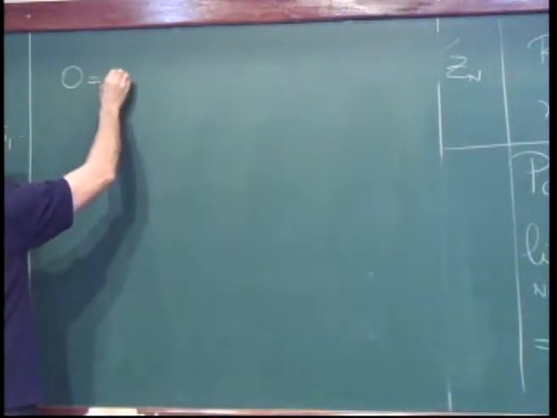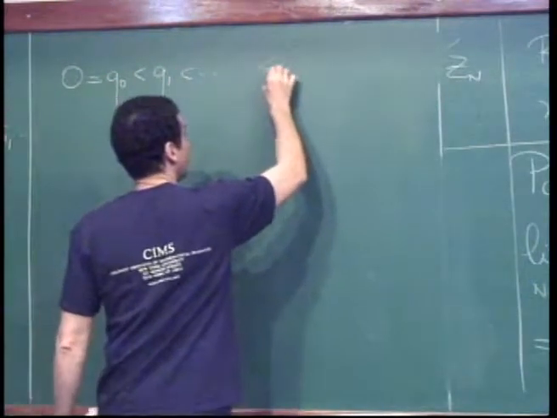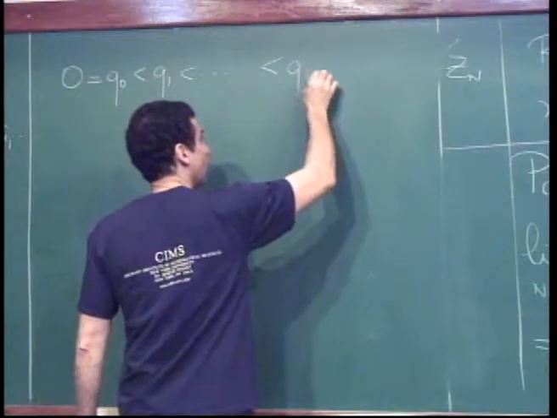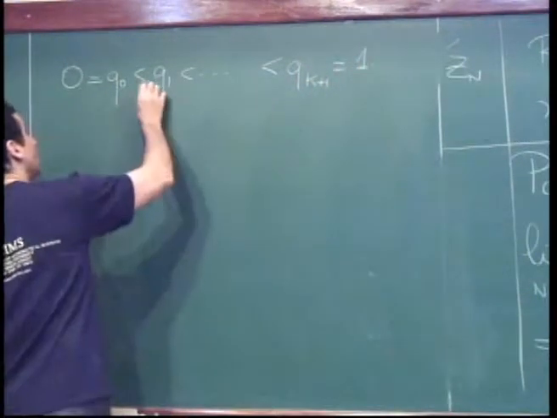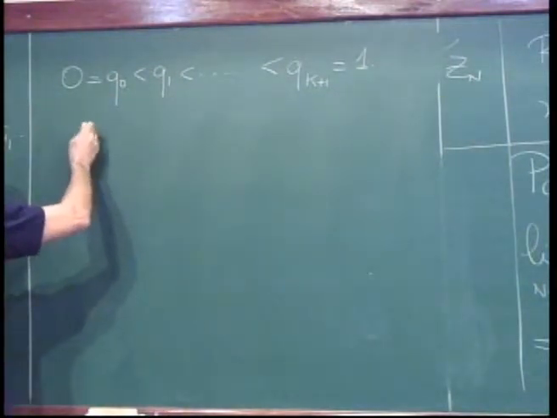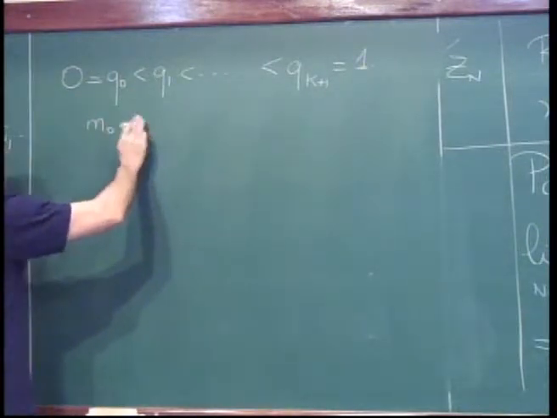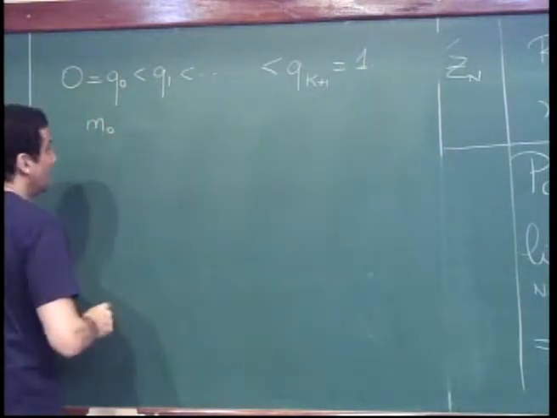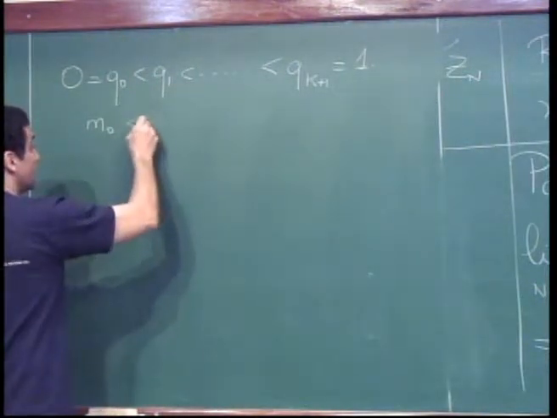So let me call these Q0, Q1. These will be the positions of the atoms. Q k plus 1 equals 1. And then I need the values of the atoms. So I have M0, M1, etc.